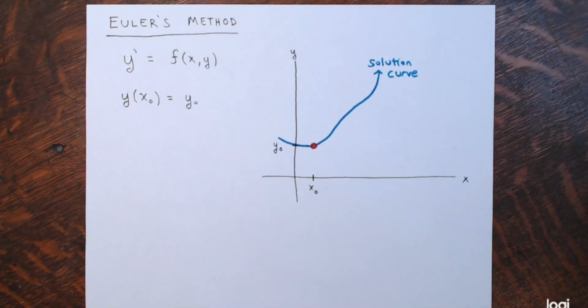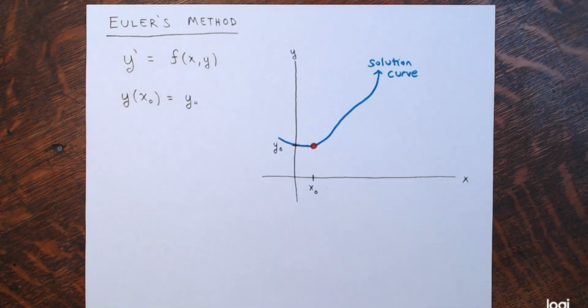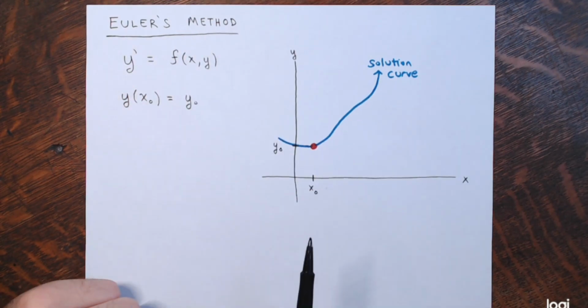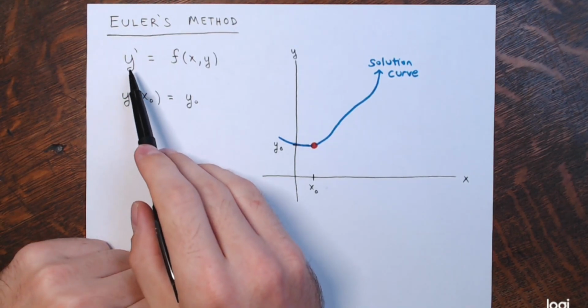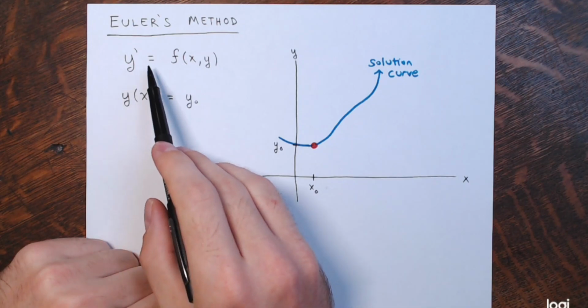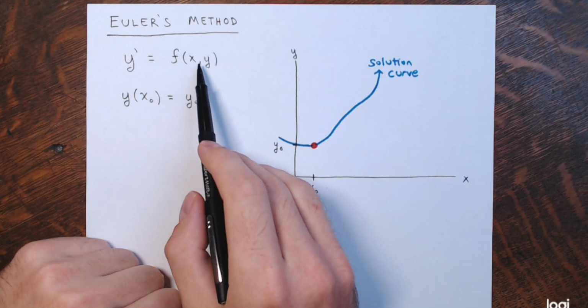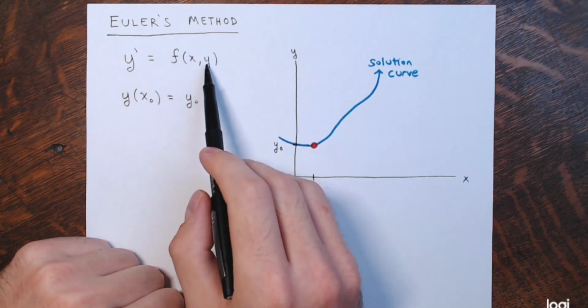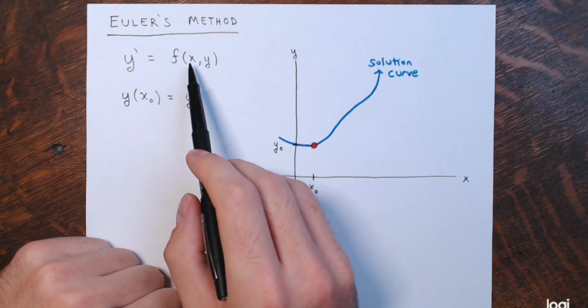Alright, so I'm getting started here with a discussion of, what is this thing called Euler's method. So we have an initial value problem. y prime, or dy/dx, equals some function f of x and y. So y is the dependent variable, x is the independent variable.